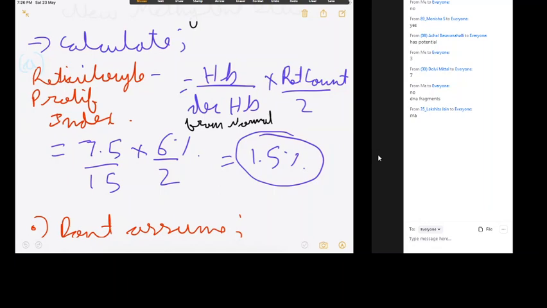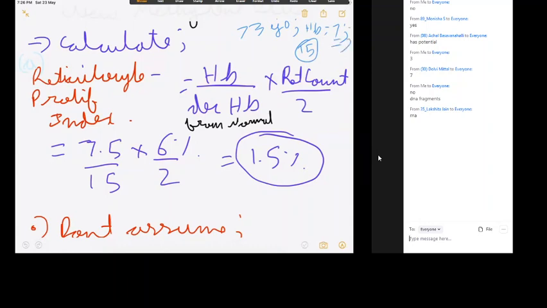Let's say a 75-year-old man, or a 73-year-old man, with hemoglobin of 7. What he is supposed to have is 15. 15 is the standard that we all agreed upon, right? He has 7.